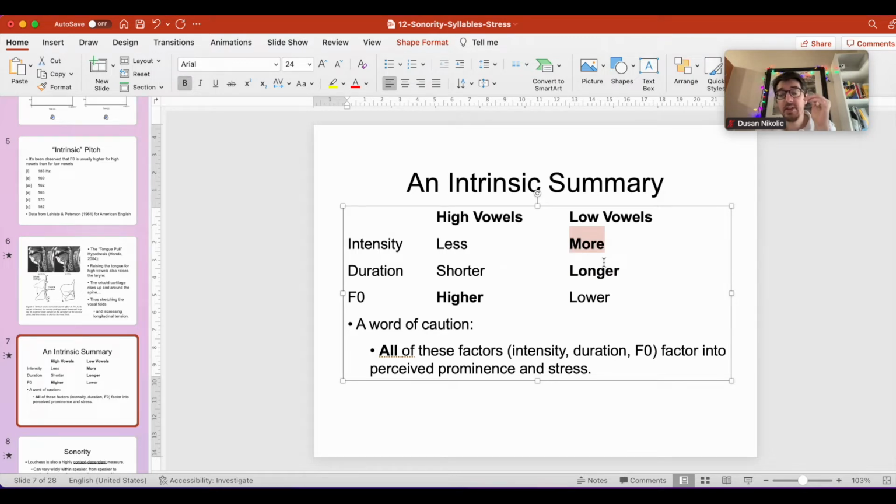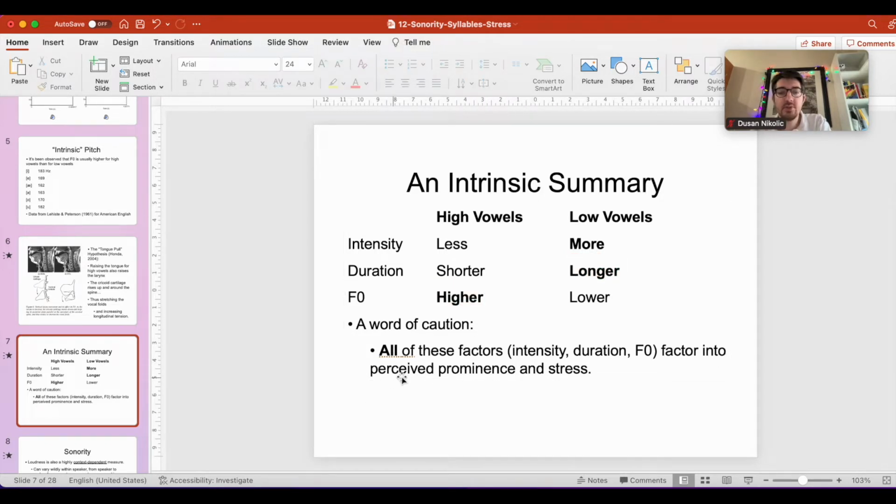These are the cues for stress. These are certain parameters that we follow when we want to determine, oh, here's the stress of a word, right? So greater intensity, longer vowels, longer stressed portions, and higher pitch. Okay, all of these factor into the perceived stress.